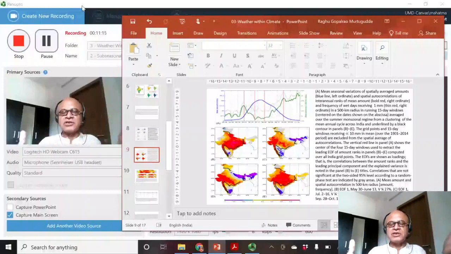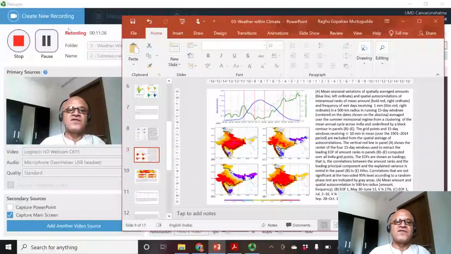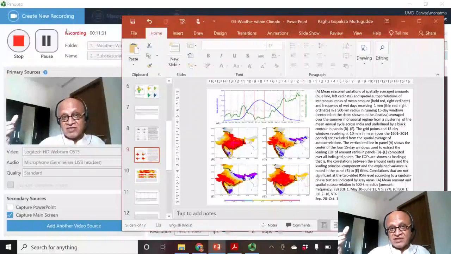That also explains the distribution of the rainfall that we saw with lots of normal and dry and wet regions very close to each other. This kind of inhomogeneity is argued to be increasing over time.